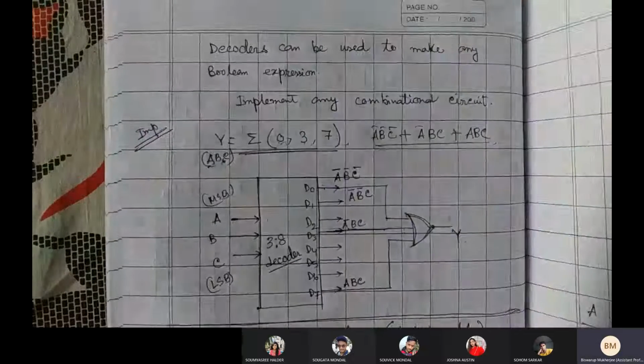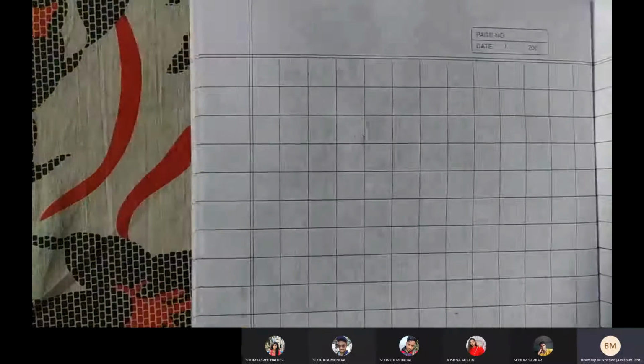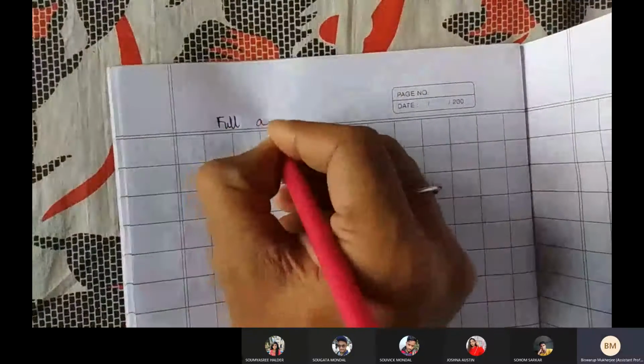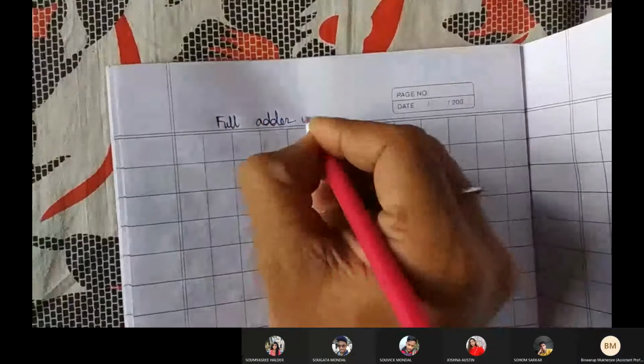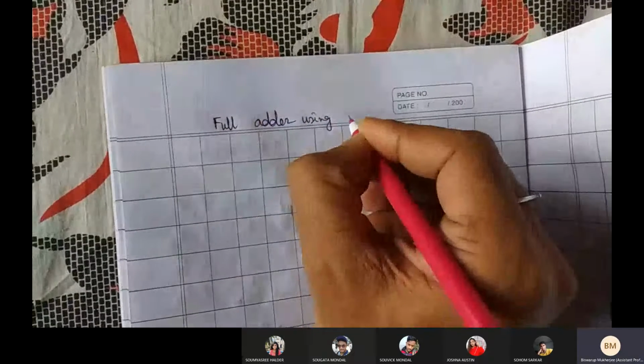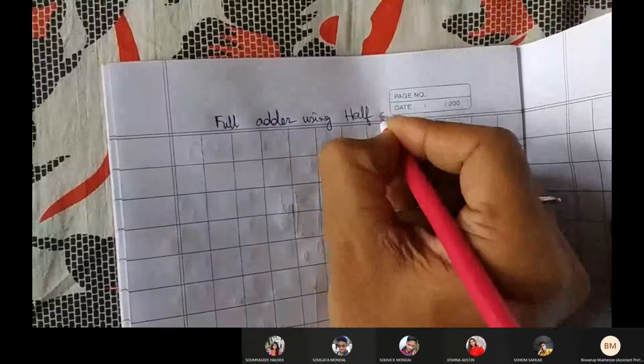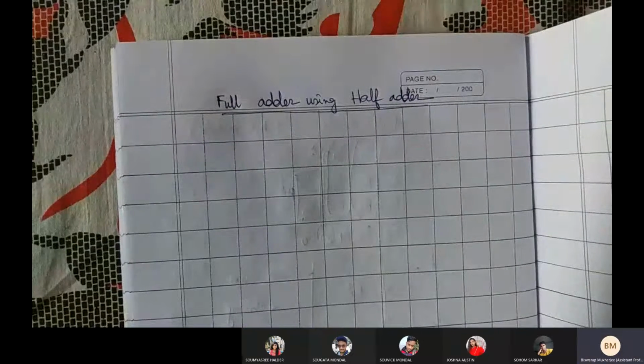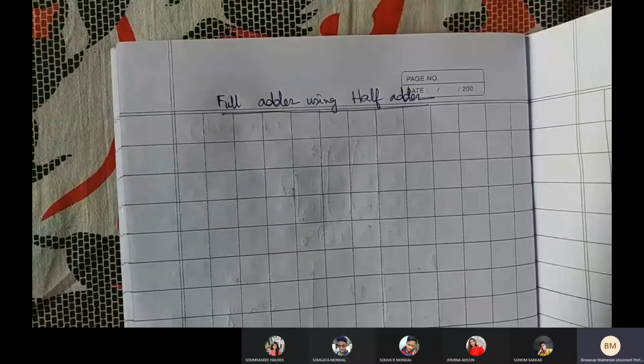So let us try to start the full adder design with the help of some other circuitry. First of all, let us try a full adder using half adders. Let me first make that drawing.